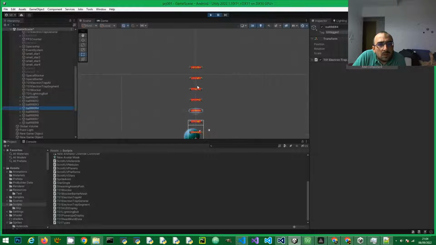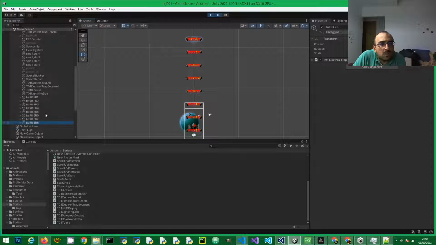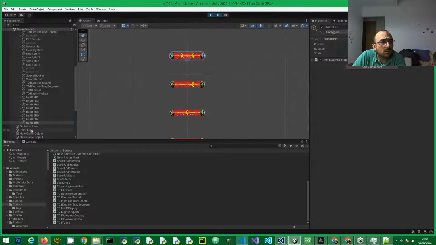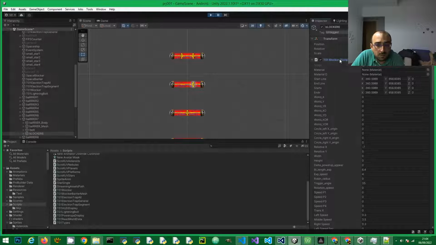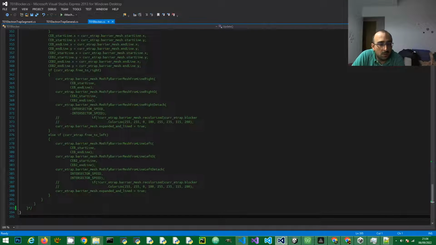Barrier, barrier, barrier. Good. Let's pick the next to last one. We have the barrier and the blocker, and each blocker has a T01 blocker script attached to it. Let's open it.